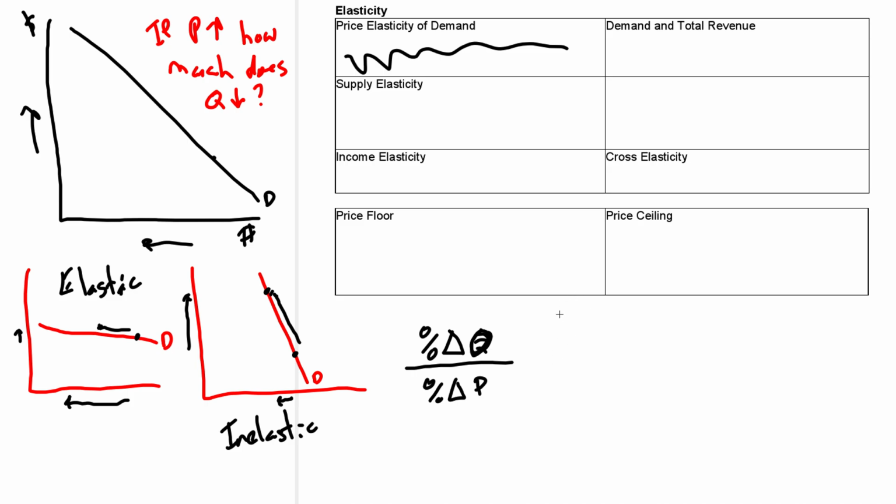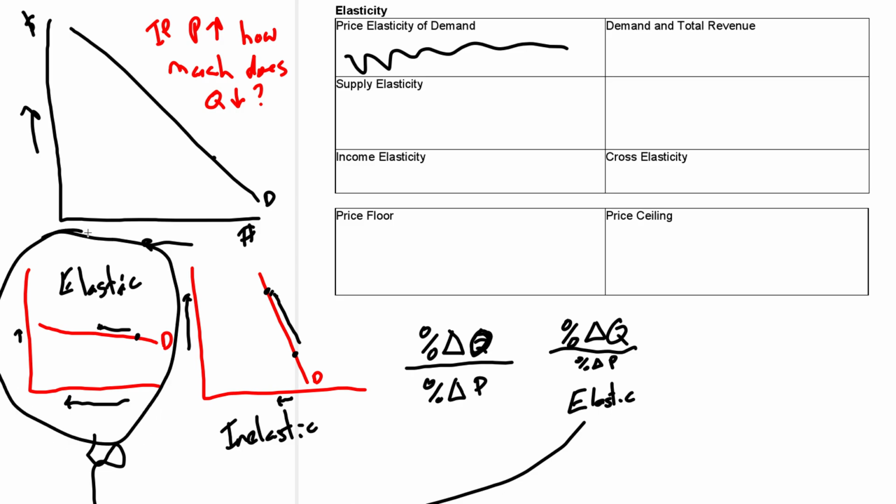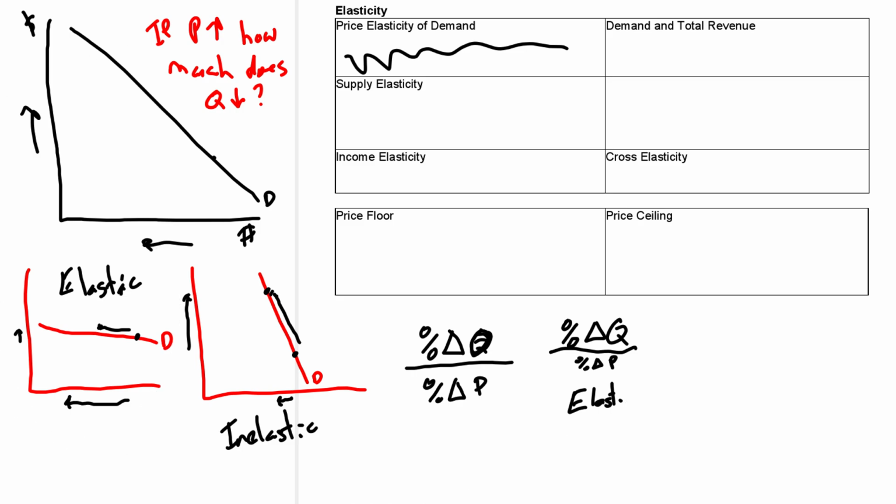So if we have a big percent change in quantity over a teeny little percent change in price, this is elastic. That's what's happening in this situation right here. I'm just making a mess right now. Let's stop that nonsense.